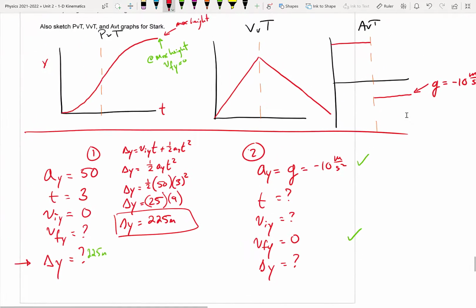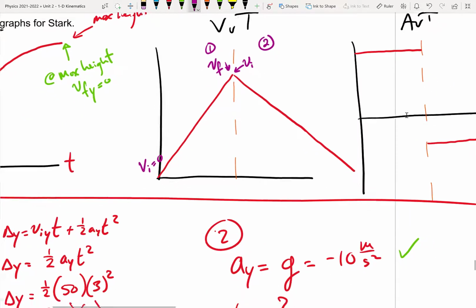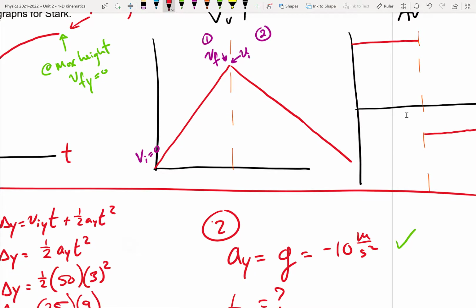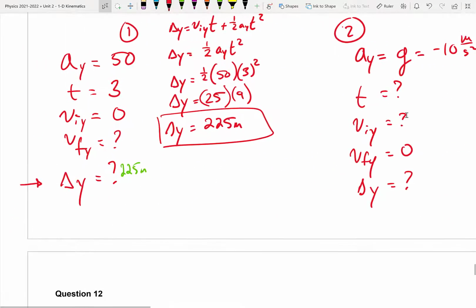If we look at our graphs, we know that our initial velocity for phase 1 was 0. The final velocity in phase 1 is right there, and that is also the same as the initial velocity in phase 2. You've dealt with that before. So what I'll do is find v final from phase 1, and that's not too difficult.